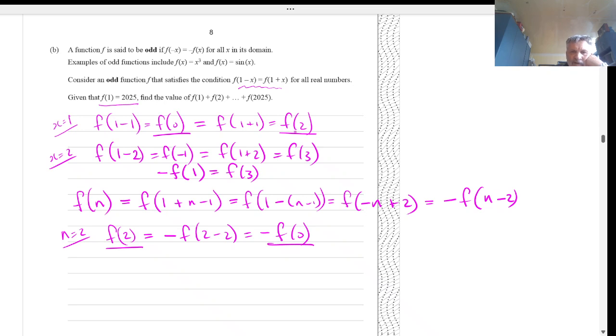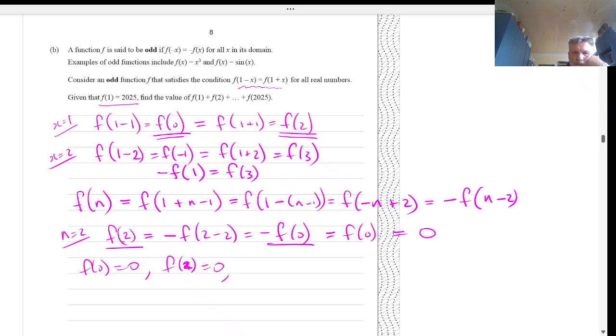But this equation is funny because these two things are the same, but they're the negative. The only way the negative and the positive of something can be the same is if this thing is 0. So we've got f of 0 is 0. It's not in our equation, but that means f of 2 is 0.